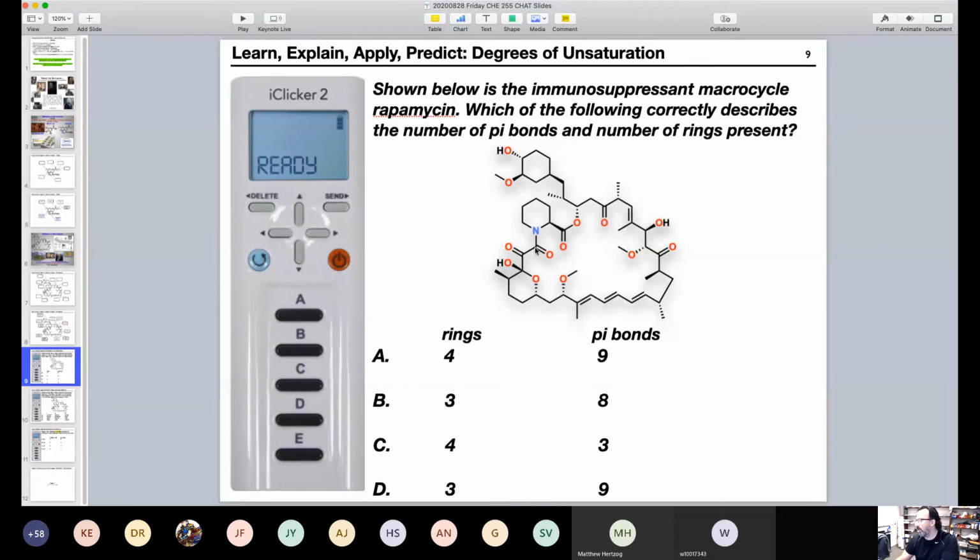That's a large ring. So that's called a macrocycle. Your eyeball is probably immediately drawn to these smaller rings, right? But don't lose the fact that there's a giant ring in there. So the pi bonds, you're counting 1, 2, 3, 4, 5, 6, 7, 8, 9.